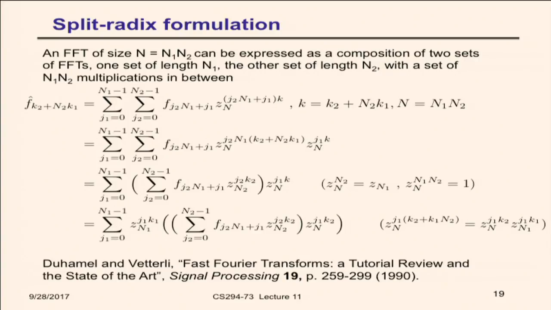And when you do a slight bit of rearranging, you get f of J2 n1 plus J1, Z n2 J2 K2. This is a discrete Fourier transform of length n2.